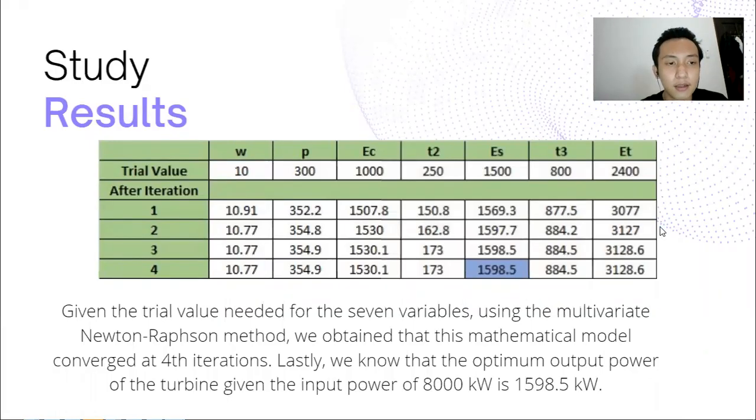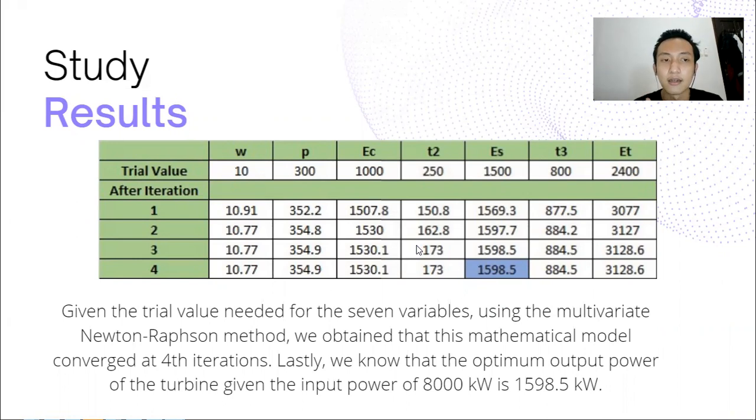From this result we know that, given the trial values for the 7 variables, using the multivariate Newton-Raphson method, this mathematical model converges at the 4th iteration. Lastly, we know that the optimum output power of the turbine, given the input power of 8,000 kilowatt, is 1,598.5 kilowatt.